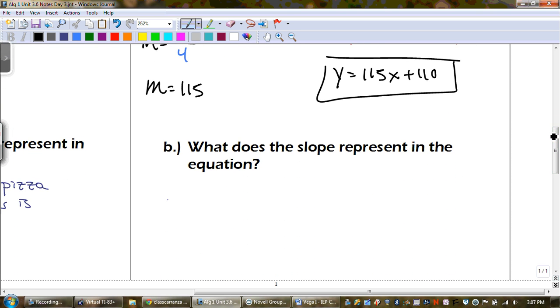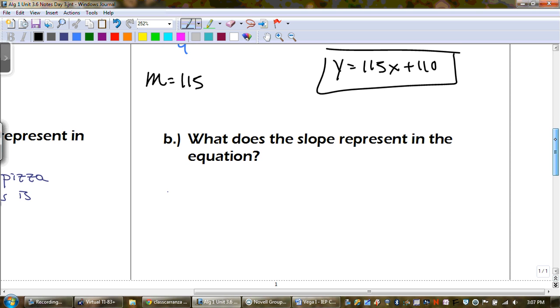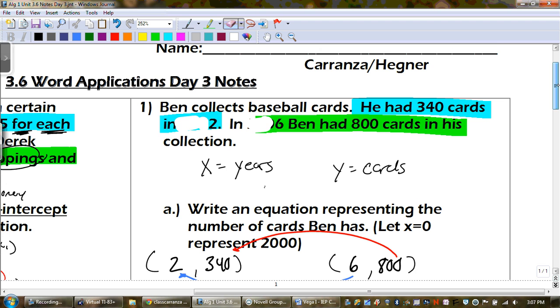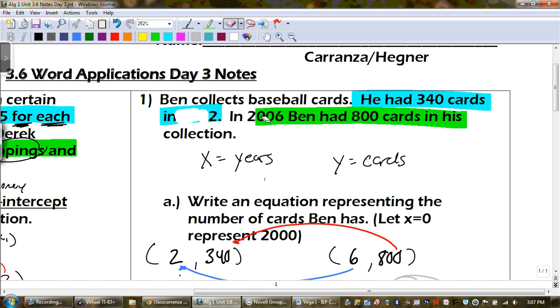So what does the slope represent in the equation? We actually have the slope written right there. So what does it represent? Well, if you're having trouble with this, let's take a look. It's saying Ben collects baseball cards. He had 340 cards in 2002, and in 2006 he had 800. Each year, what's going on?